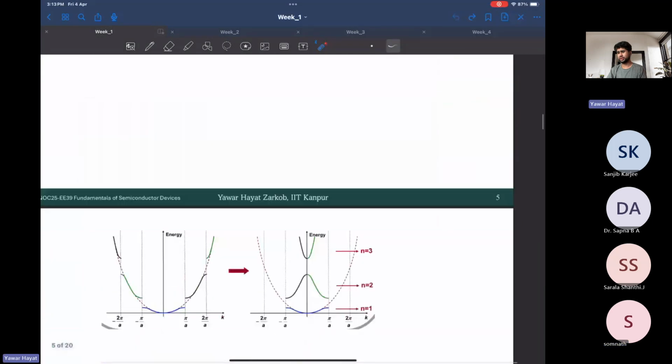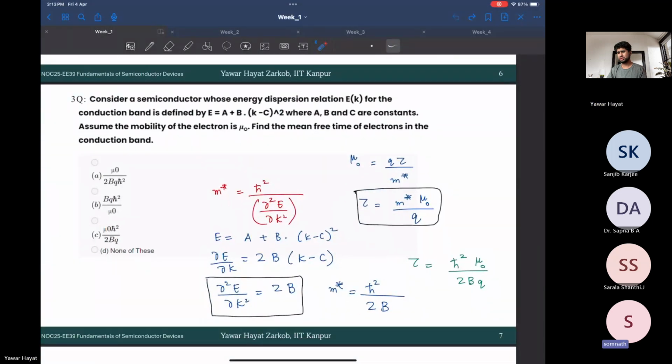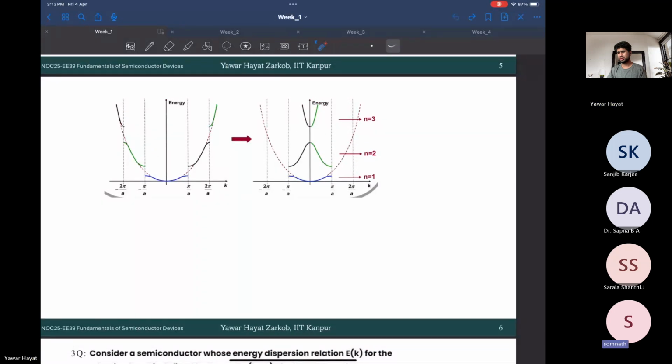Sir, in that curve, the blue curve is called the Brillouin zone? That is your first Brillouin zone. This is your second, and this is your third. Sir, for any kind of semiconductor, we consider only the first Brillouin zone for calculation simplicity, and maximum electrons are placed in that particular first Brillouin zone, sir.